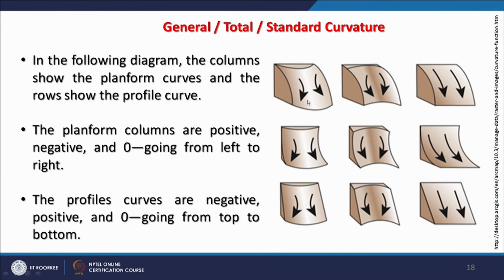different things are shown: the columns show the plan form curvature and the rows show the profile curvature. The plan form curvature is positive, negative, and also 0 in the last.